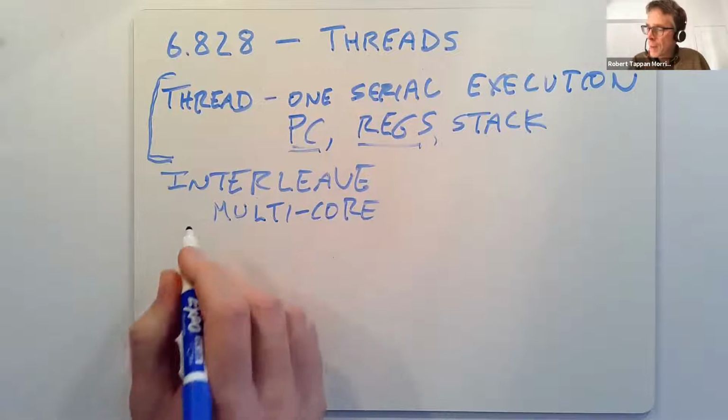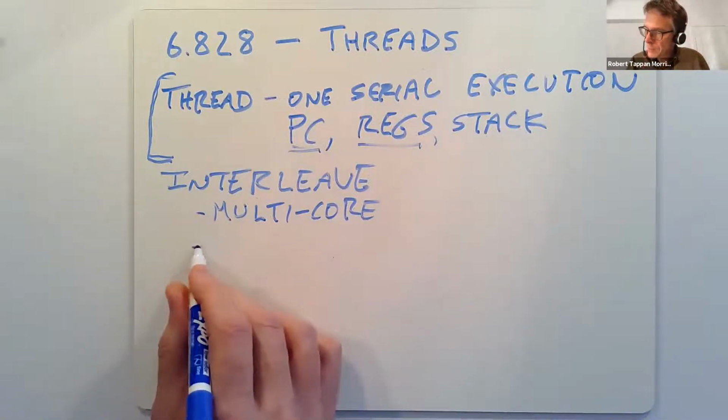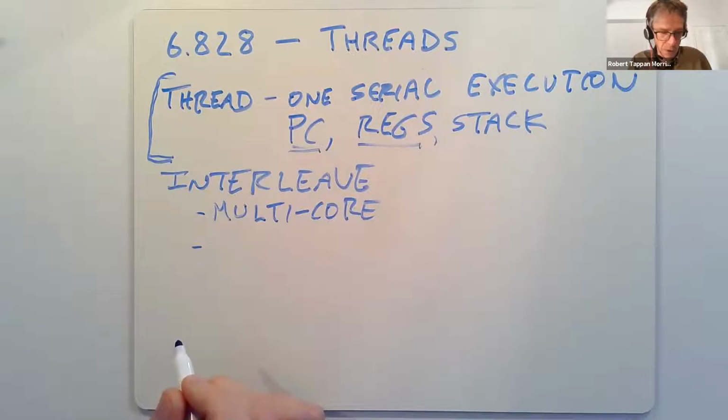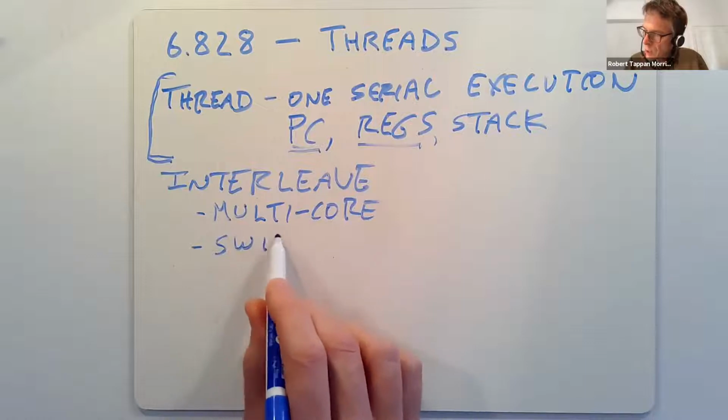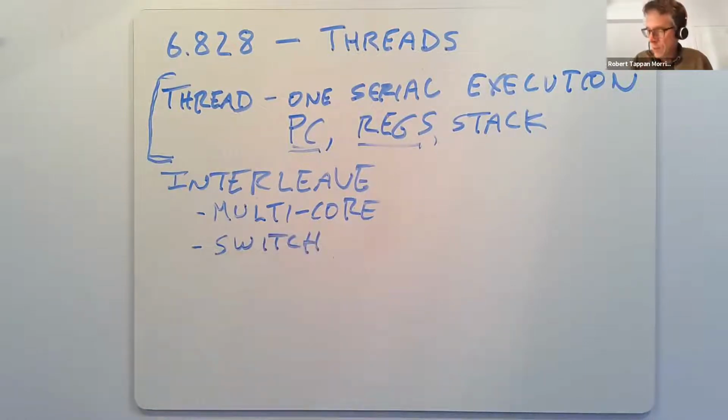And so the other main strategy that we'll see, indeed the topic of most of this lecture, is how each CPU is going to switch among different threads. So if I have 1 CPU and 1,000 threads, we're going to see how x86 builds a switching system that allows it to run 1 thread for a while and then switch, setting aside and saving the state of that thread, and switch to executing a 2nd thread for a while and then a 3rd thread and so forth, until it's executed a little bit of each thread and then go back and execute more of the first thread and so on.